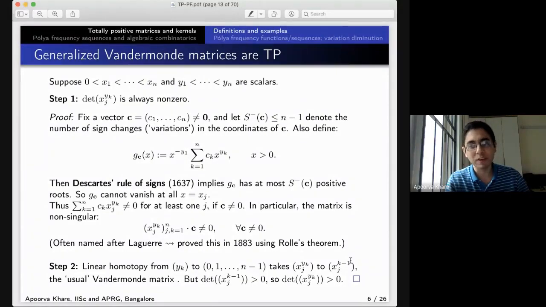And for the usual Vandermonde, we know the determinant is positive. At every point along that line, the powers keep strictly increasing. So if it's positive and never changes sign at one point, then it has the same property throughout the line, in particular at the initial point. And that's the proof. This is the original proof, I believe, by Gantmacher and Krein in 1937.